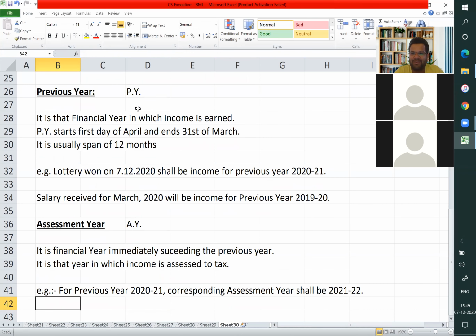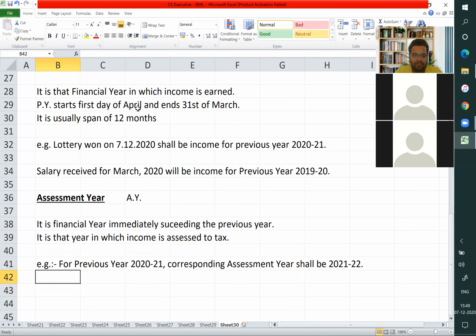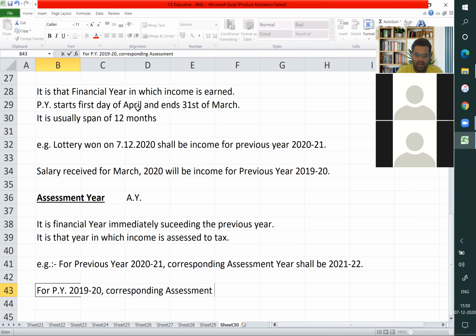Clear? Another example. For previous year 1920, corresponding assessment year shall be, tell me. Yes, 2021. Absolutely. So this way, today you have understood the meaning of assessee, PY, AY, and the fact that income tax is a direct tax.